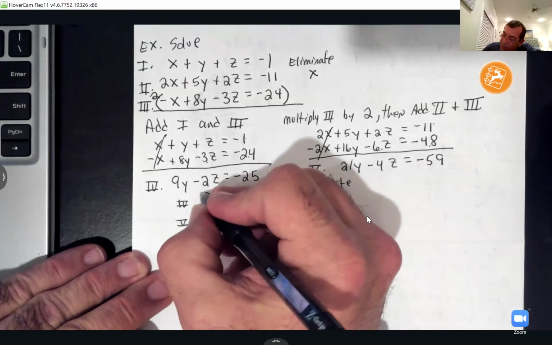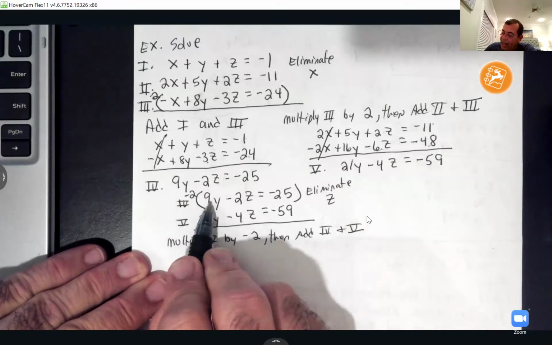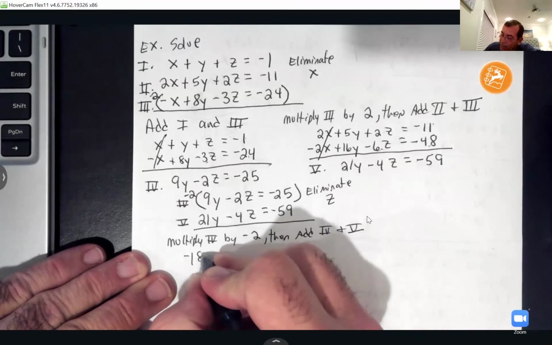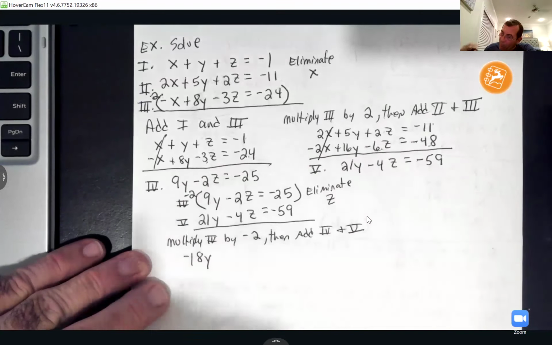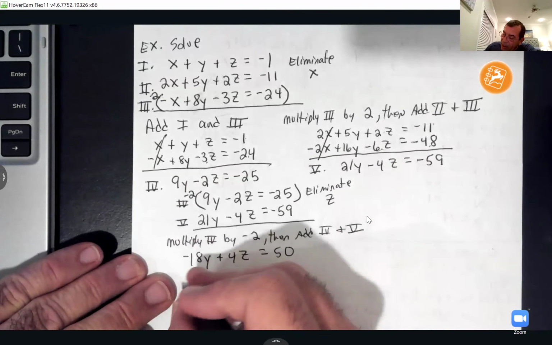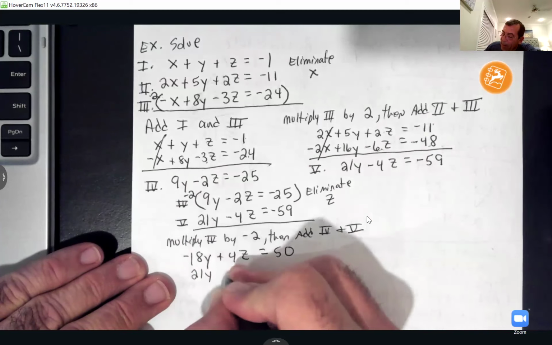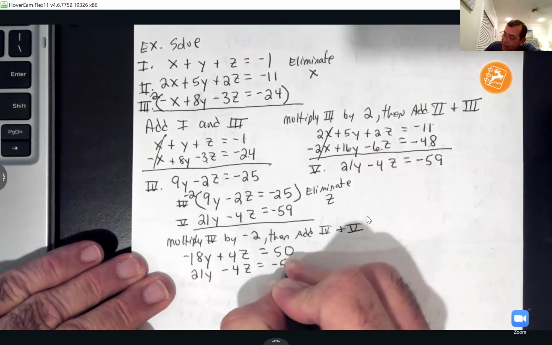All righty, so 4 is right here. We're going to multiply by -2. So look, we'll get a -18y, positive 4z, and then a positive 50. Second row doesn't change: 21y minus that 4z equal to -59.